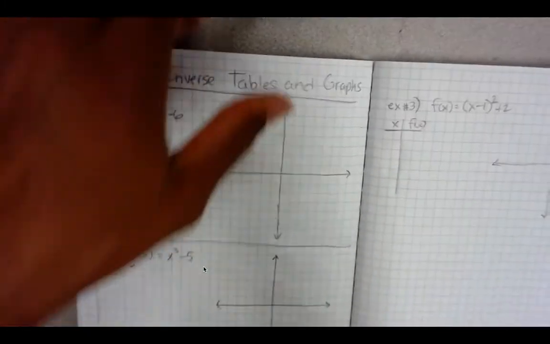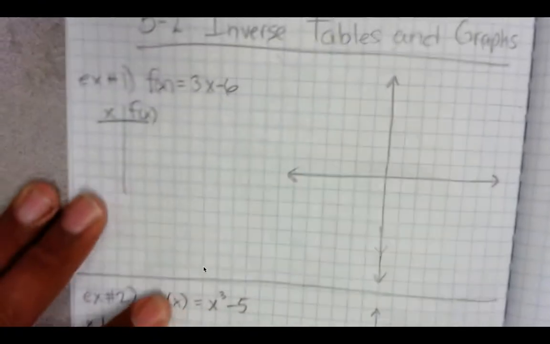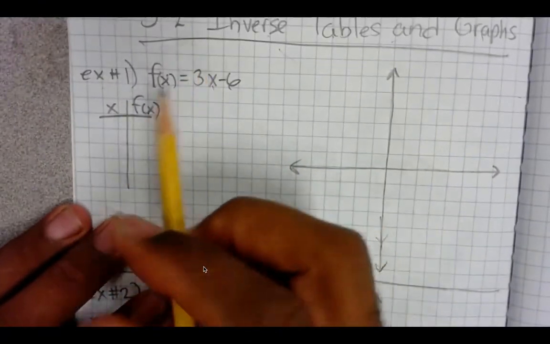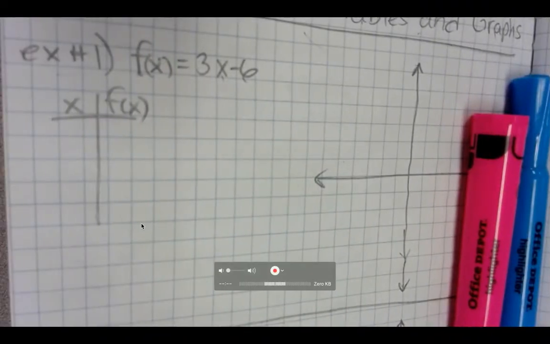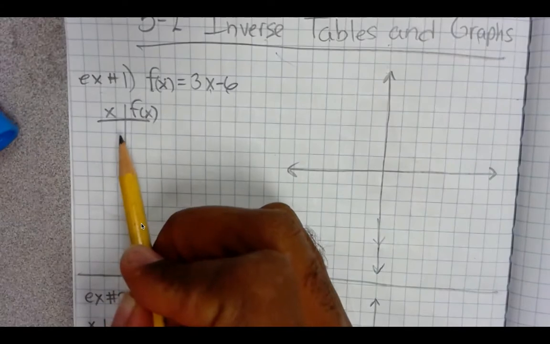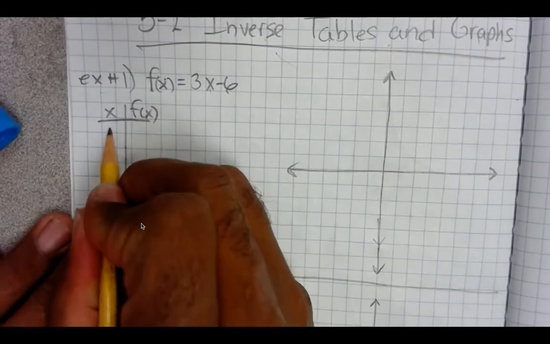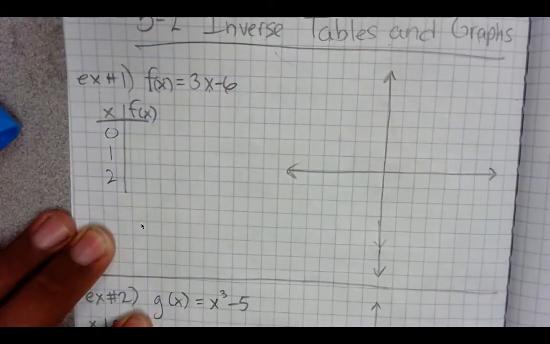All right, so let me zoom in on just this one here. Let's start. Okay, so for this one, I'm going to start off with 0, 1, and 2. Okay.